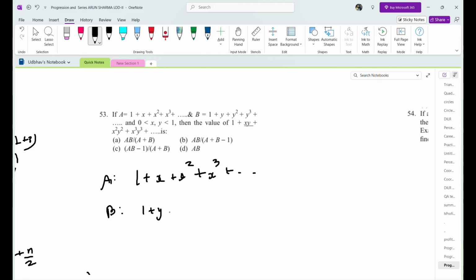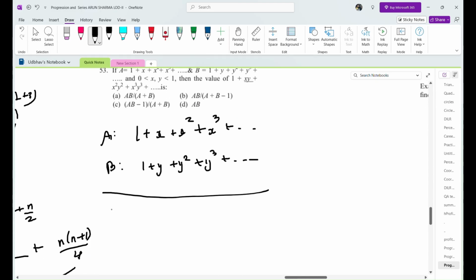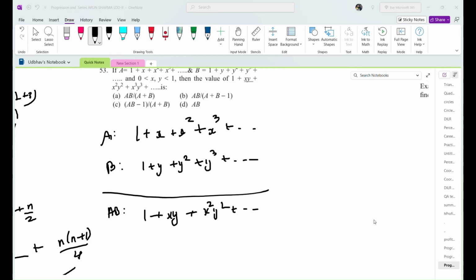B is also GP. The value of 1 plus xy plus x square y square plus x cube y cube. We are just multiplying these. A into b, 1 plus xy plus x square y square. We just directly multiplied it.